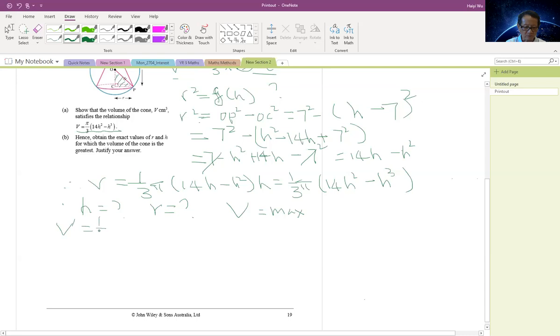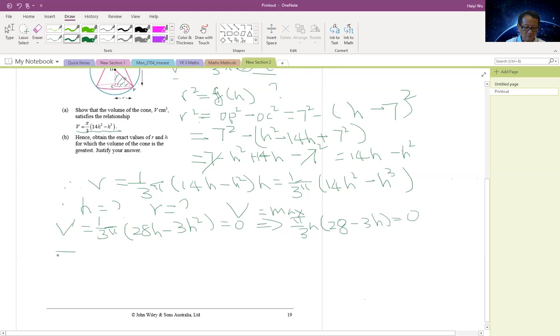It will be 1/3 pi times (28h minus 3h squared), and that equals 0. Taking pi over 3 h out, it will be 28 minus 3h equal to 0.